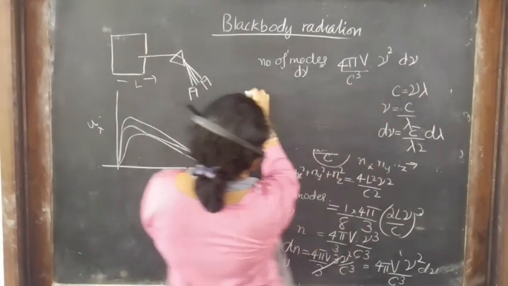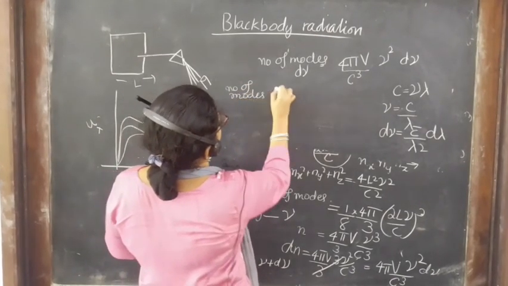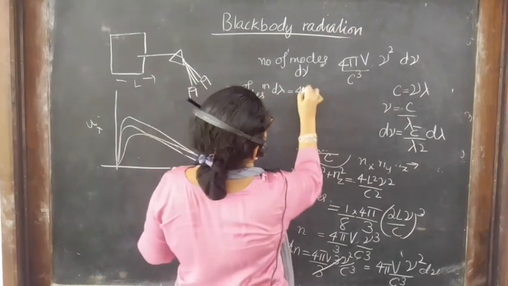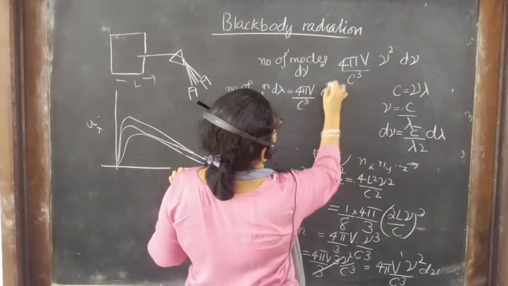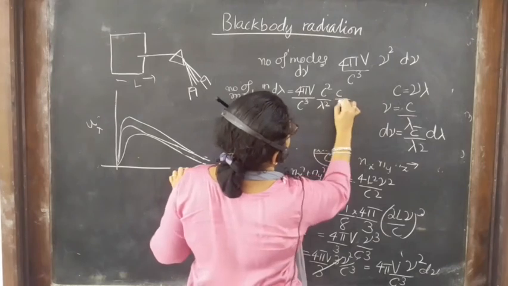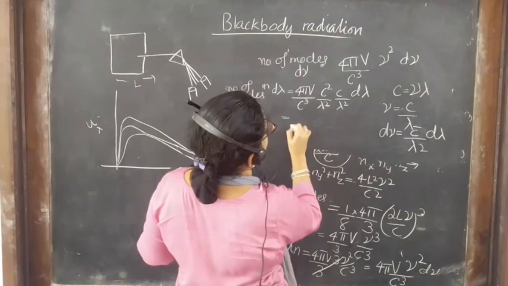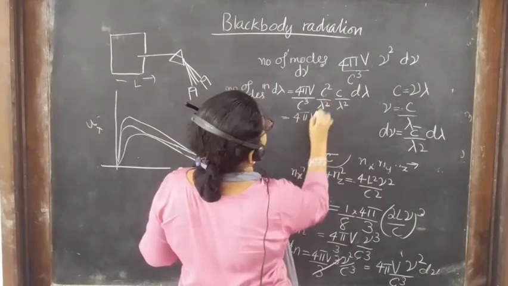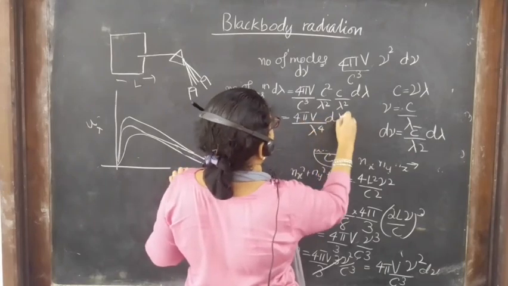So the number of modes in the interval d lambda will be 4 pi l cube by c cube, mu square is c square by lambda square, d mu is c by lambda square d lambda. So c cube gets cancelled: 4 pi l cube by lambda raised to 4 d lambda.